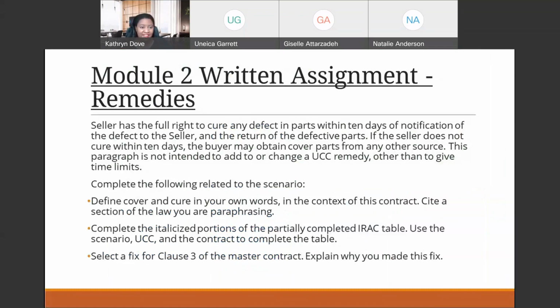You don't have to IRAC that. You just have to say, this is my module 2 written assignment. And the first part of it is an essay where you define cover and cure in your own words and then cite to the provision of the UCC. Then the next part is to complete, with my phone ringing.